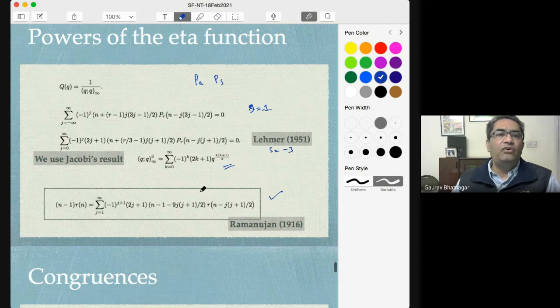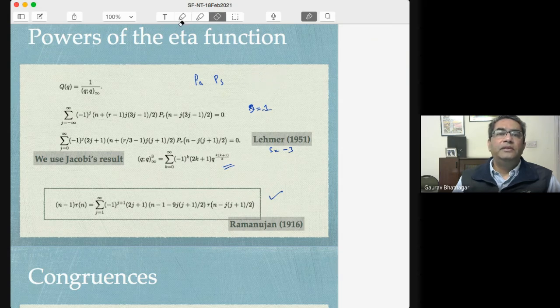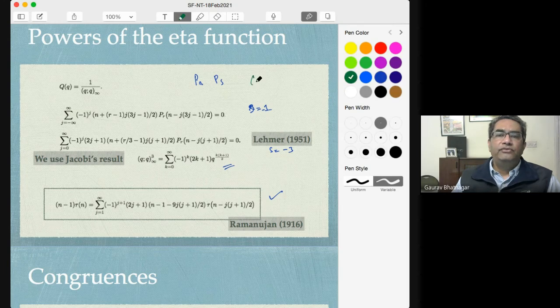So Ramanujan's tau function. Let me use another color. If you have Q, Q infinity and you raise it to the 24th power, then that gives you tau of n+1.